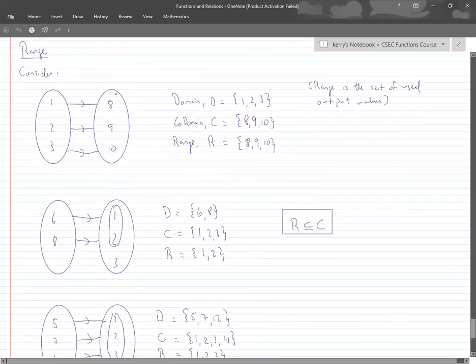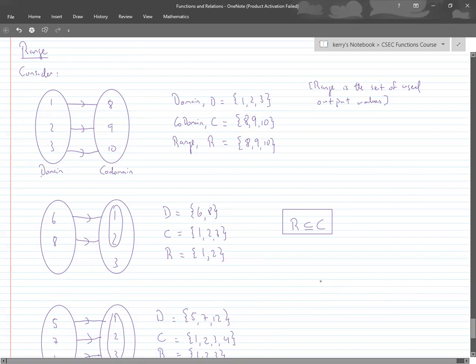We learned about the codomain. So this here is what we call the input set or the domain, where we pull our input values from, and this output set here is called the codomain. But in the codomain, you could have some values which are not being mapped onto by an input. So in this case, the codomain and the range are the same thing.